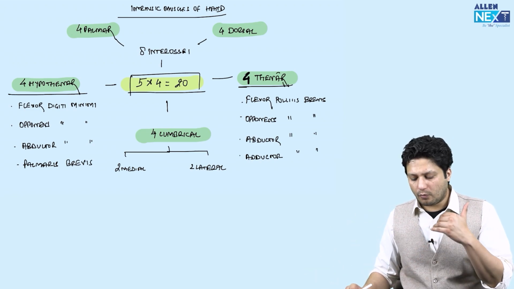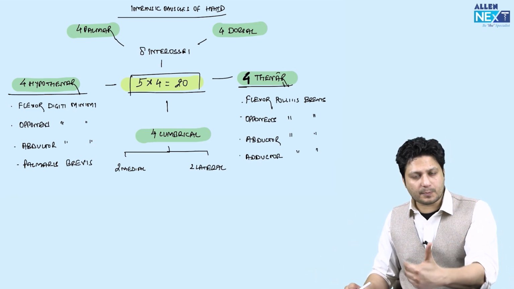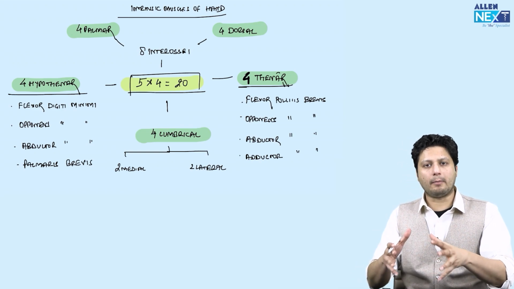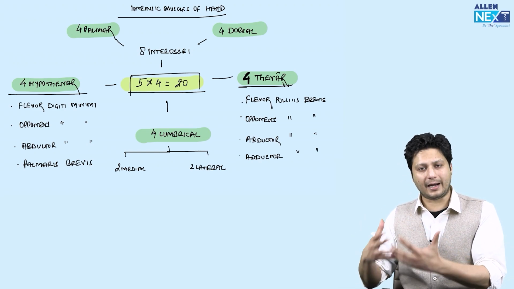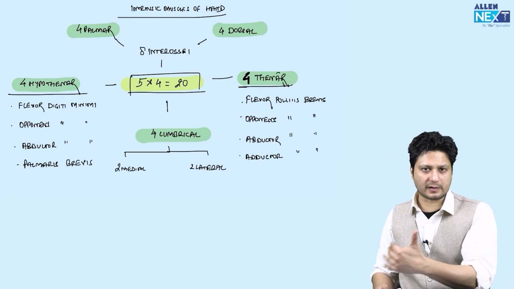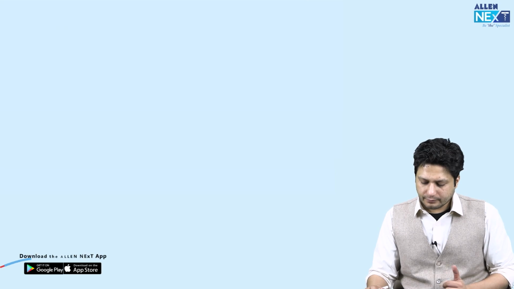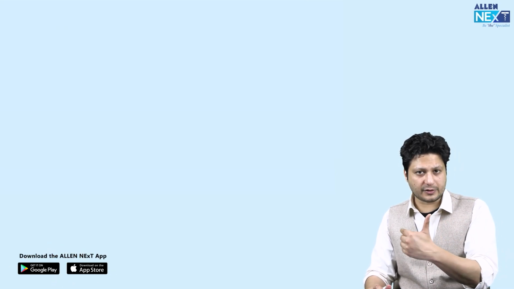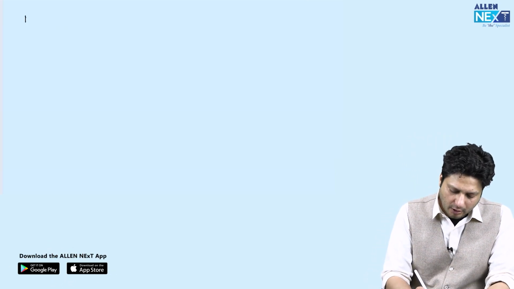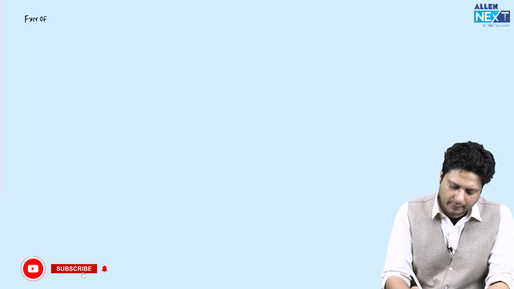Now, when we complete this discussion of the individual names of the muscles and the groups in which they are arranged, it is time to discuss the function of these intrinsic muscles. Let's talk about the function of lumbricals.